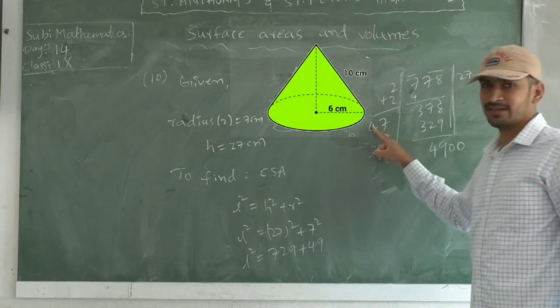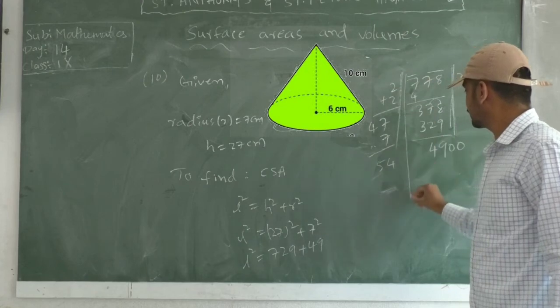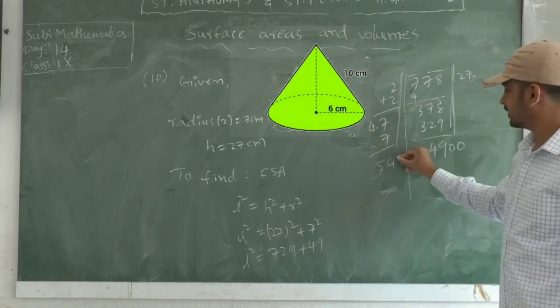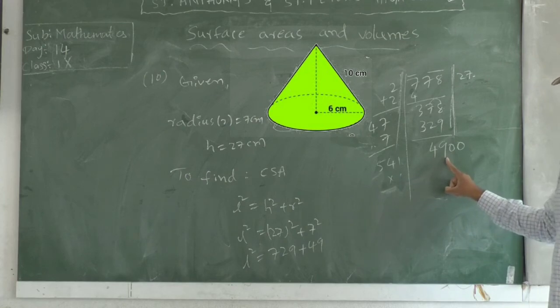So 47 plus 7 is 54. Multiplying 541 by 1 gives 541.